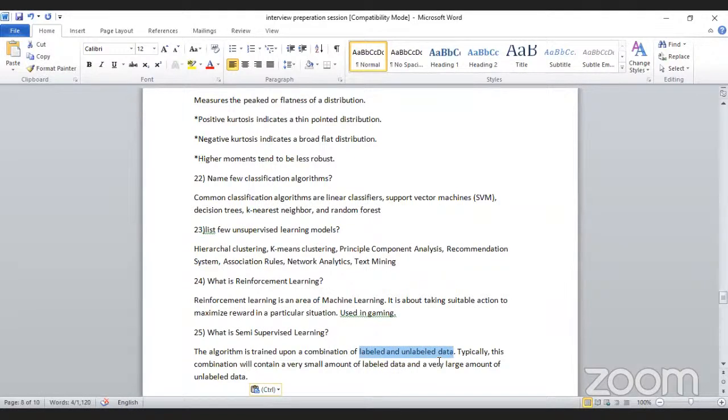Typically, this combination will contain a very small amount of labeled data and a very large amount of unlabeled data. Okay, so that is semi-supervised learning.